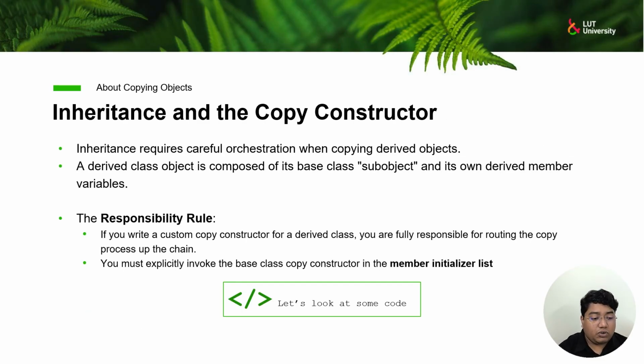Now, whenever you write a custom copy constructor for a derived class, you are responsible for the entire copy process. The compiler won't automatically redirect the base class portion to its copy constructor for you. The copy operation moves from the derived class down to the base class first.